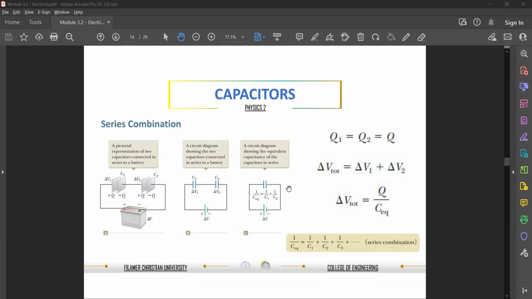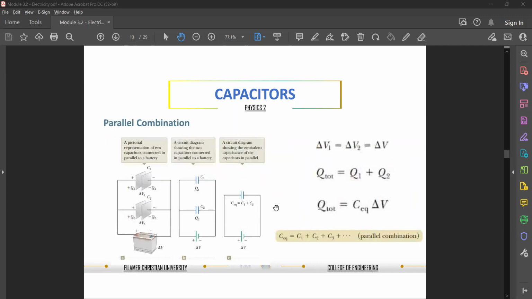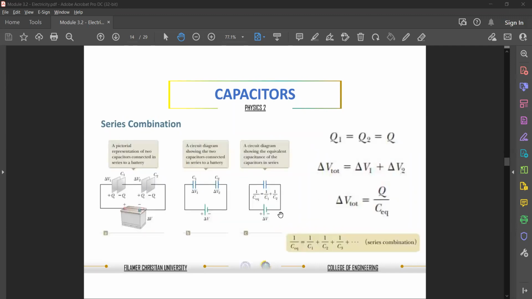So that is 1 over C sub 1 plus 1 over C sub 2, and you take the inverse. That is your equivalent value of series capacitors. You just inverse it. In parallel, you just add, but in series, you inverse it. And this is the equation for the series combination of capacitors.